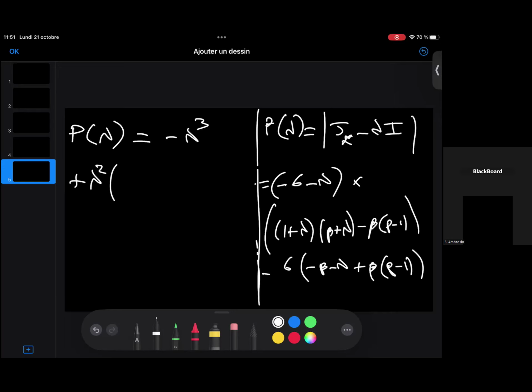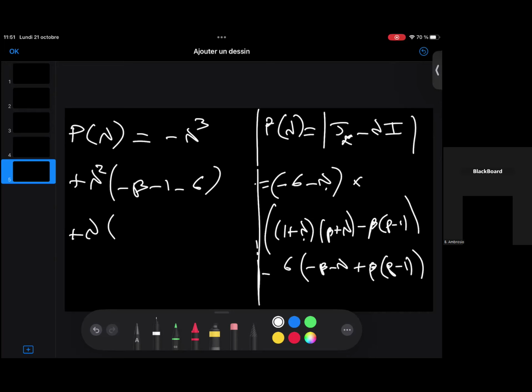If I do this one and this one, I get minus beta. This one and this one, I get minus 1. And those two, I get minus sigma. And that's it for lambda squared.